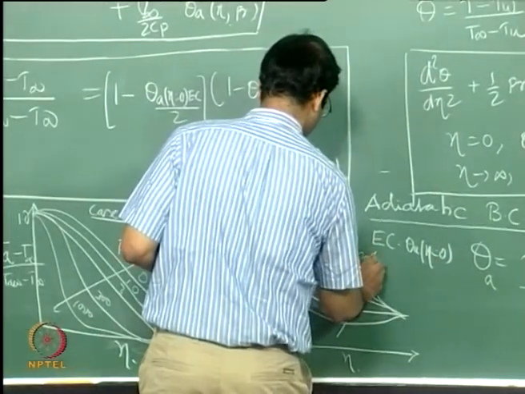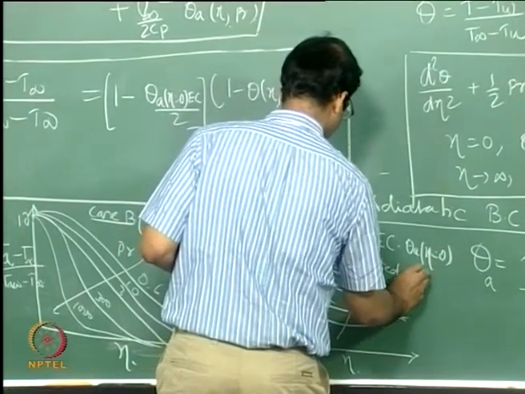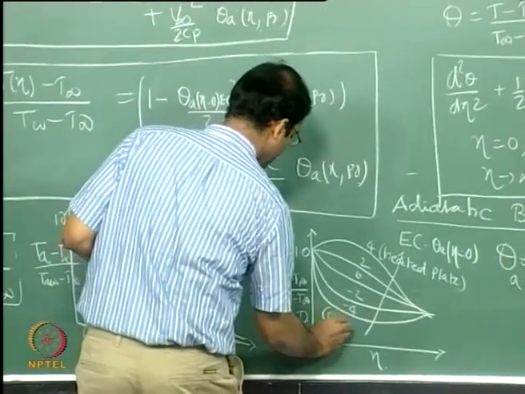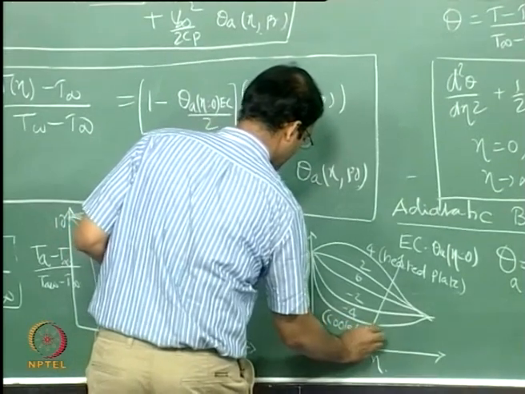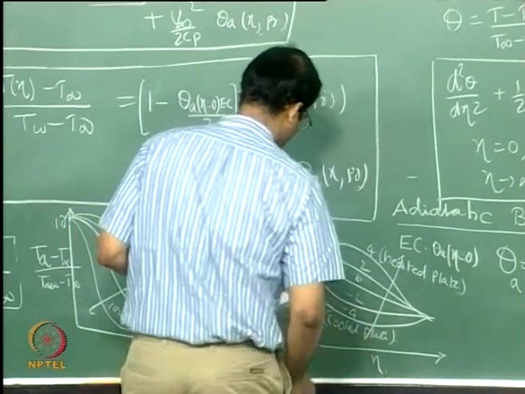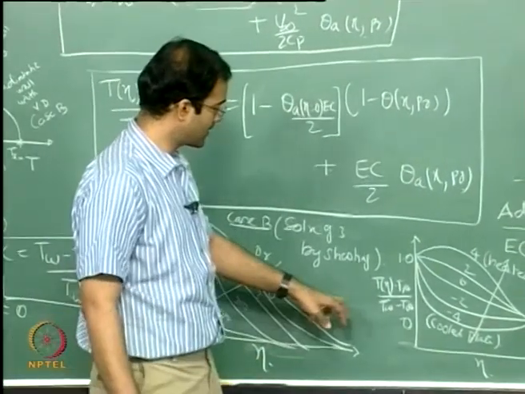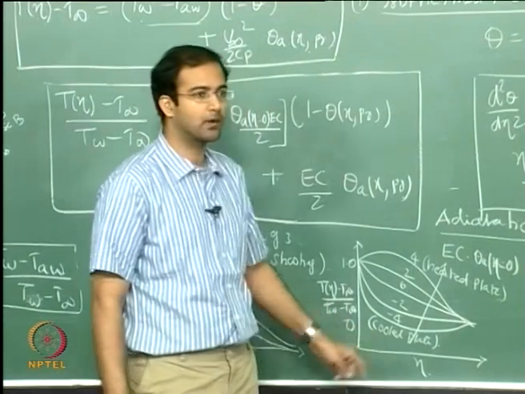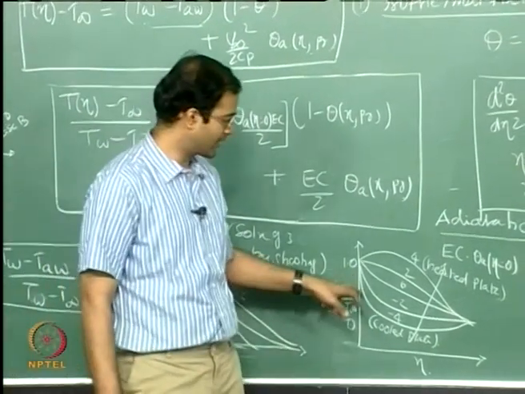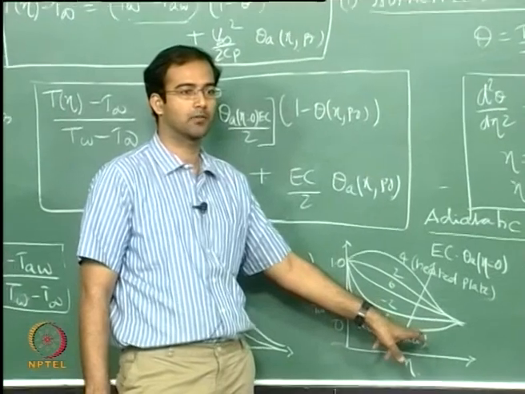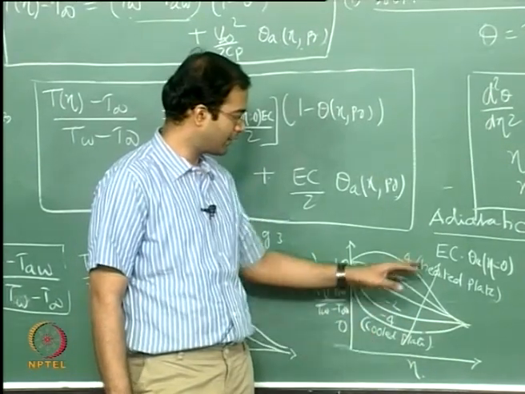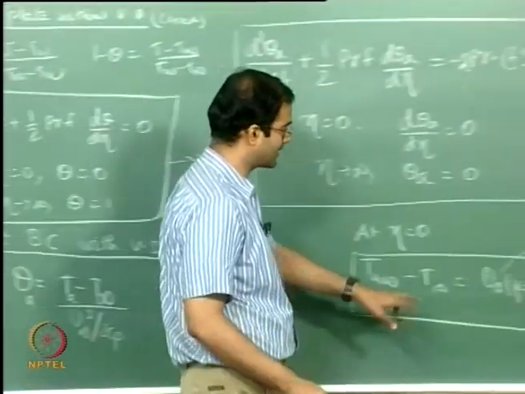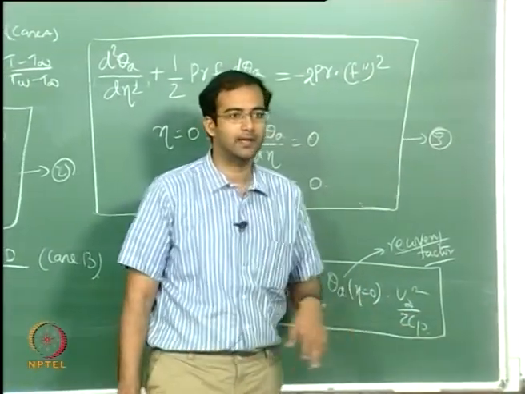This corresponds to a heated plate. So in the case of heated plate, your wall temperature is greater than your T infinity. In the case of cool plate, wall temperature is less than T infinity, so you can get negative values of this when you plot it, and these are for different values of Eckert number into theta A eta equal to 0.